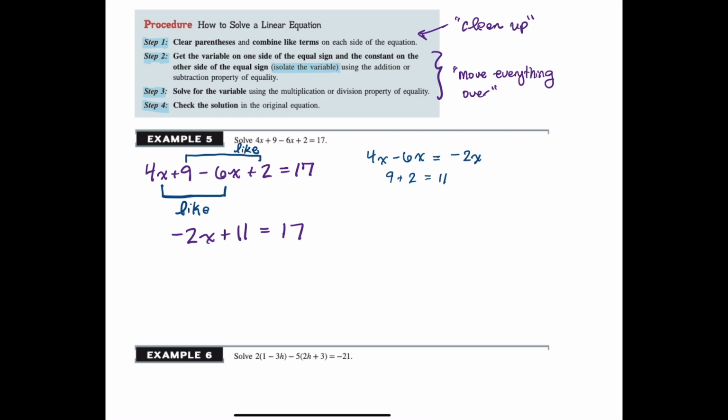So what we've done is there's step one. In this case, there weren't any parentheses, and we've combined like terms on one side of the equation. Now we're like what we've had before. So we have this plus 11. I want to move it over to the other side by subtracting 11, minus 11.